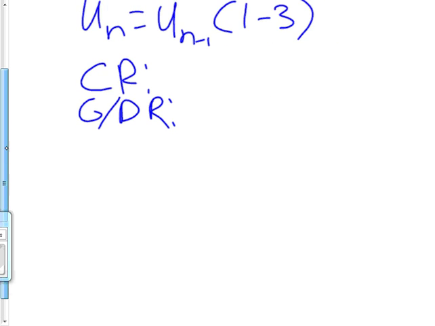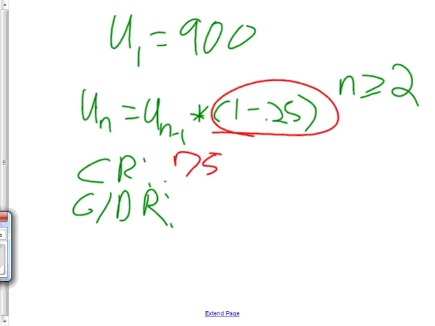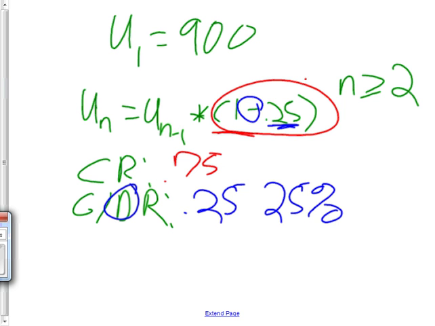Give you a minute to do that while I pause the video. So the common ratio is this whole piece inside of here, so that'd be 0.75, and then our growth/decay rate is just this piece here. We know that it's decay because of this, so decay, and it's just that piece there, 0.25 or 25%. It looks like basically everybody had that, so I'm really happy about that.